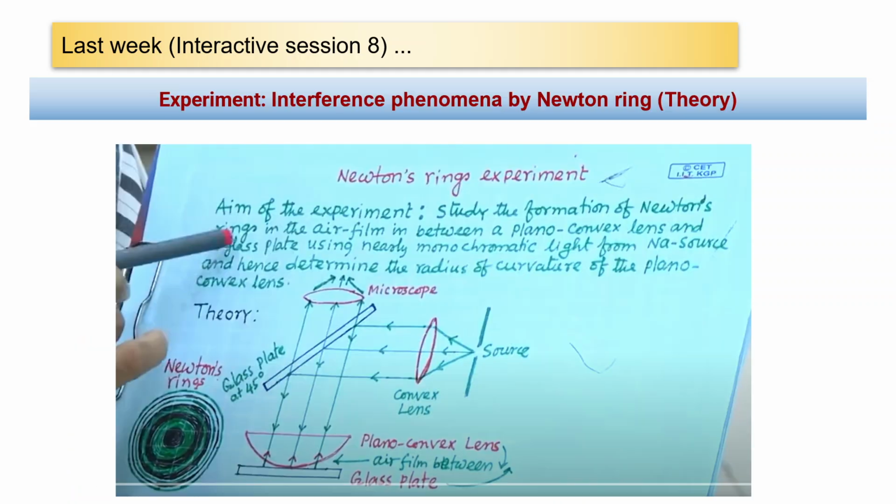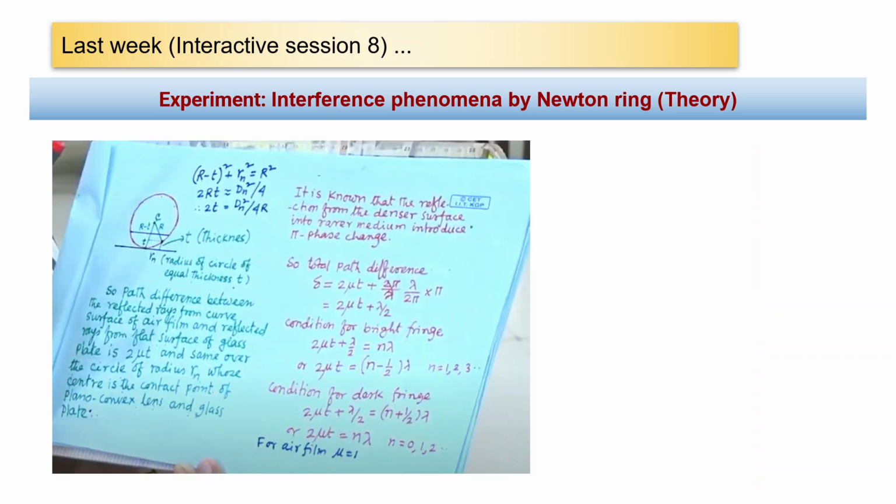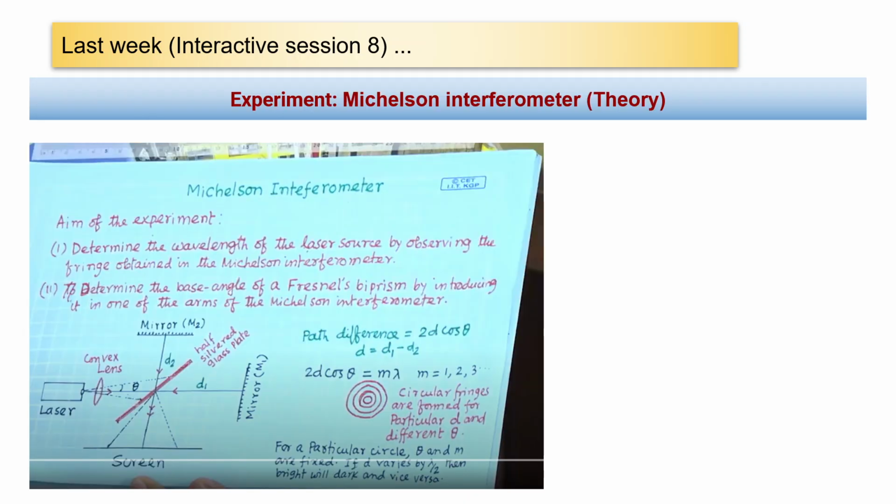We discussed Newton's rings theory as well as the experiment, and how, depending on the gap between the planar convex lens and the glass plate, and on what kind of medium is between them, and since the thickness is also varying from the center towards the end, we get a ring interference pattern on the screen. So this was Newton's rings experiment.